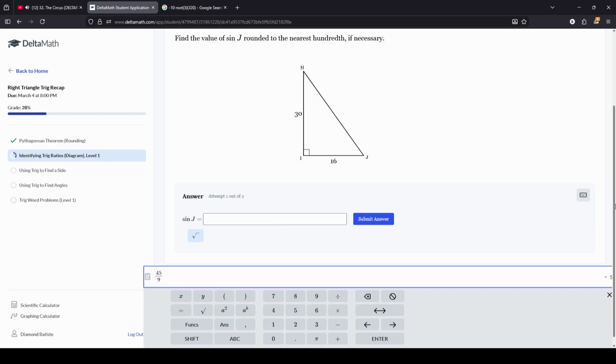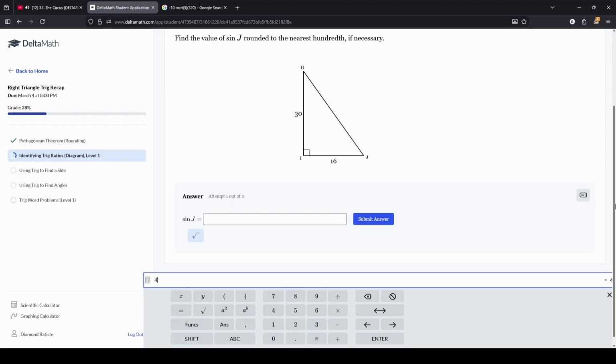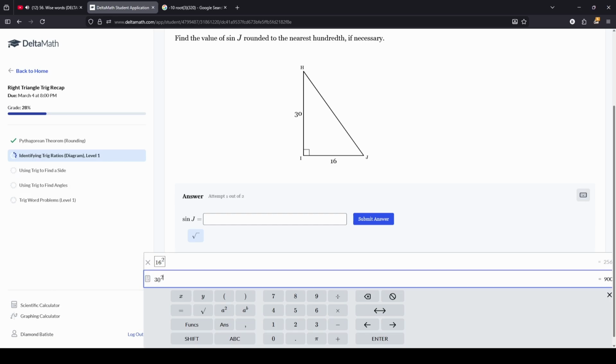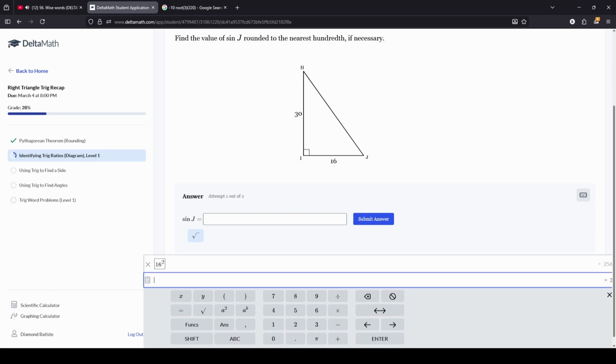Anyway, Sin J. J is at the right, so we need to get the hypotenuse. 2, 32, which is 900. I wasn't really paying attention there. Add that to 256.